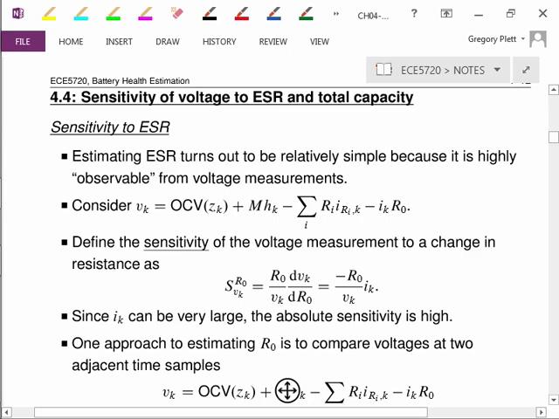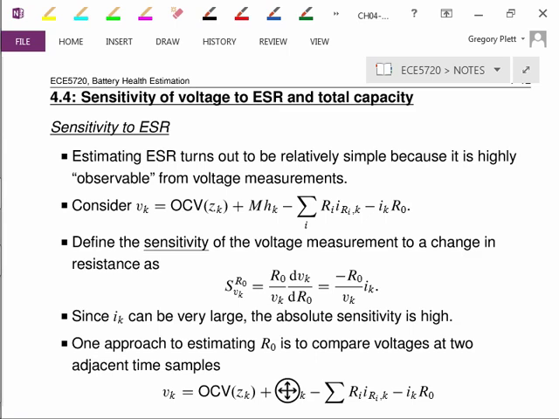So let's look at this, and it can be summarized by looking at the sensitivity of the voltage measurement to a change in resistance versus the sensitivity of a voltage measurement to a change in capacity, and they are vastly different. What we're trying to do is, in a sense, see how observable the parameter of interest is in our setup, where we can measure current and voltage only.